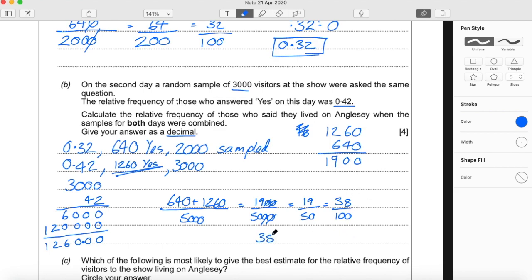That's the same as 38 once, twice, backwards because of 100 having 2 zeros, giving us an answer of 0.38. So that's the answer to part B.